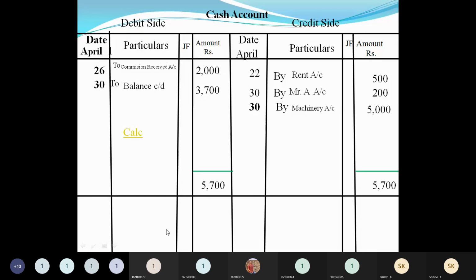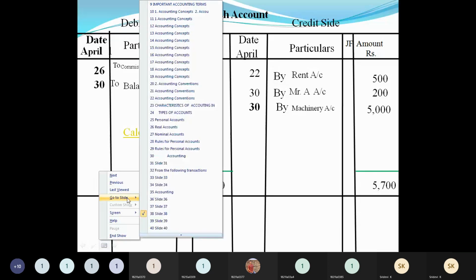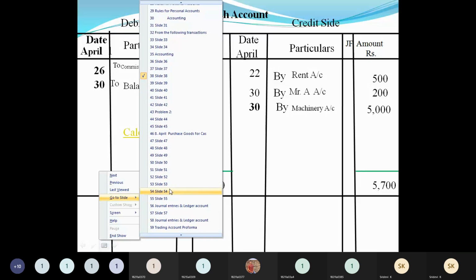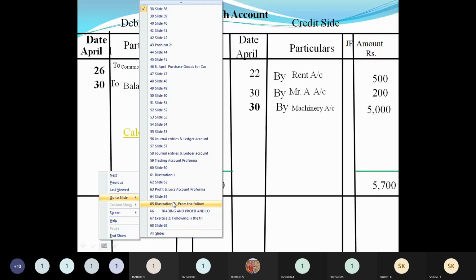So either you can use the total amount, or you can use the balance amount to prepare the trial balance. In most of the cases, when you go for any textbook, you will see this balance method only. Most of the companies use the balance method of preparing the trial balance. I think you understood what is the balance method and what is the total method.